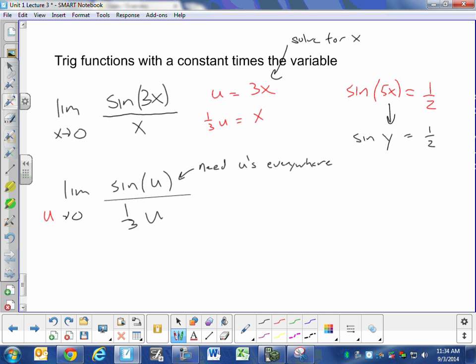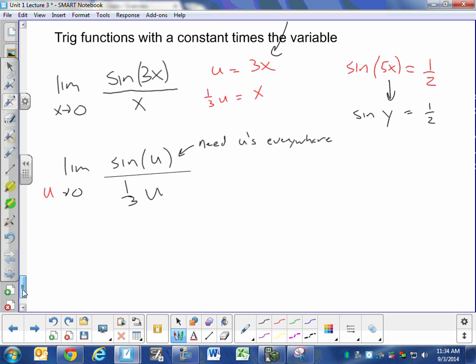This is u. Now, what happens? I divide by a fraction. It's the same as multiplying by the reciprocal. The 3 is here. Now, Mr. Magnella, we see we have 3 sine u over u. That limit is just 3, because this is 1 and this is 3.